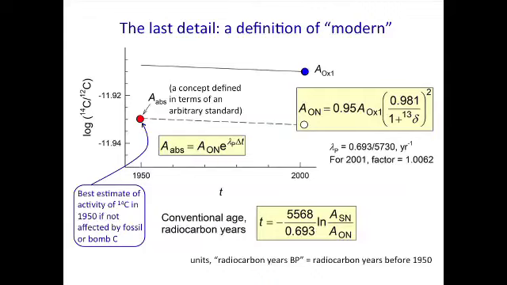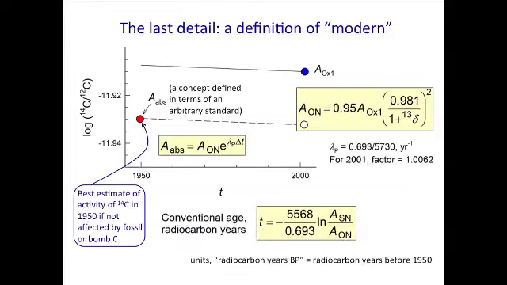And so the idea was to know what the abundance of carbon-14 in the atmosphere would have been in 1950 if there hadn't been an industrial revolution, and there hadn't already been the Suess effect at work for about a century.